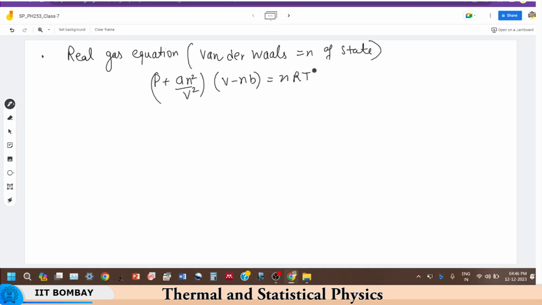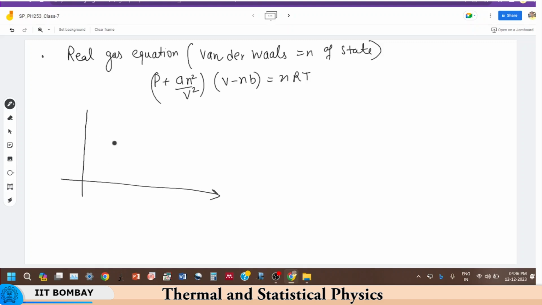And this was actually motivated from the experiments done by Andrews on carbon dioxide. So what he did was, he varied the pressure and volume of carbon dioxide gas and plotted the isotherms for various temperatures, right?